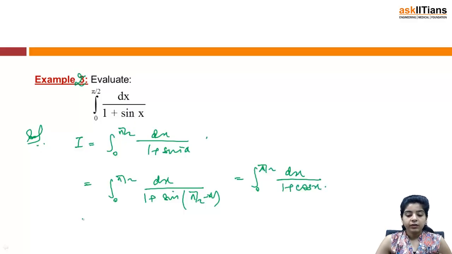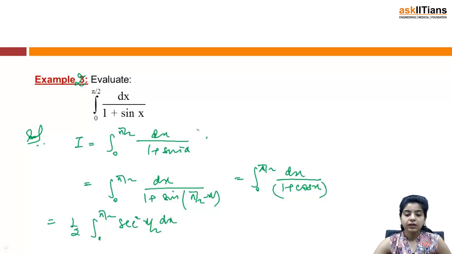So once I have it as 0 to pi by 2 dx by 1 plus cos x, you can simply integrate and you have it as half of 0 to pi by 2 sec square (x by 2) dx. Now this is using again this formula. We have cos 2 theta is 2 cos square theta minus 1.